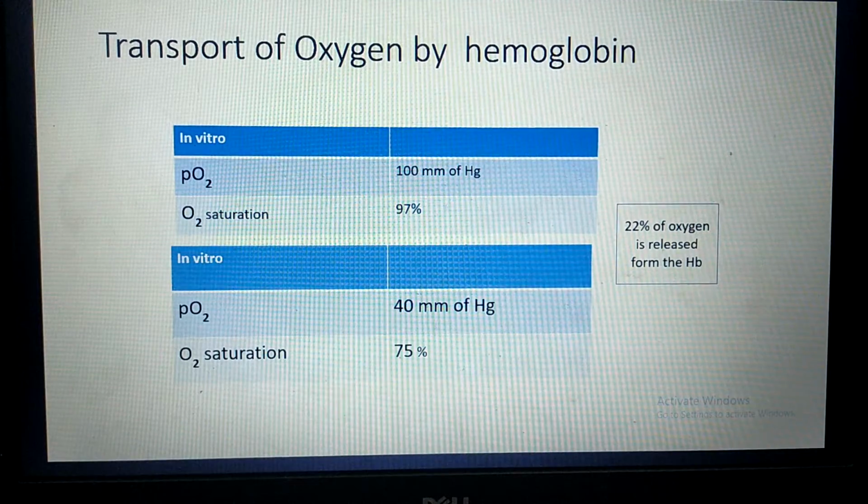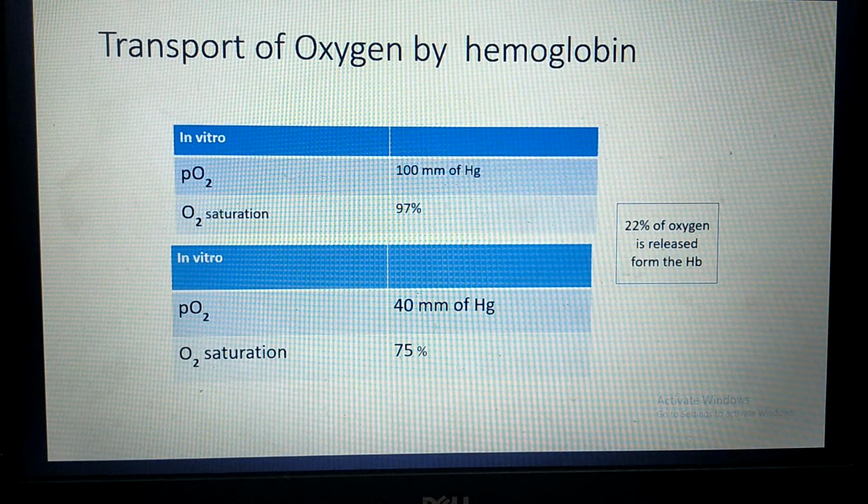Now there are a few things. First, in vitro. In vitro means outside the body. It is observed that when PO2 is 100 mm of Hg, hemoglobin saturation of oxygen is 97%, and when PO2 is 40 mm of Hg, hemoglobin saturation of oxygen is 75%.